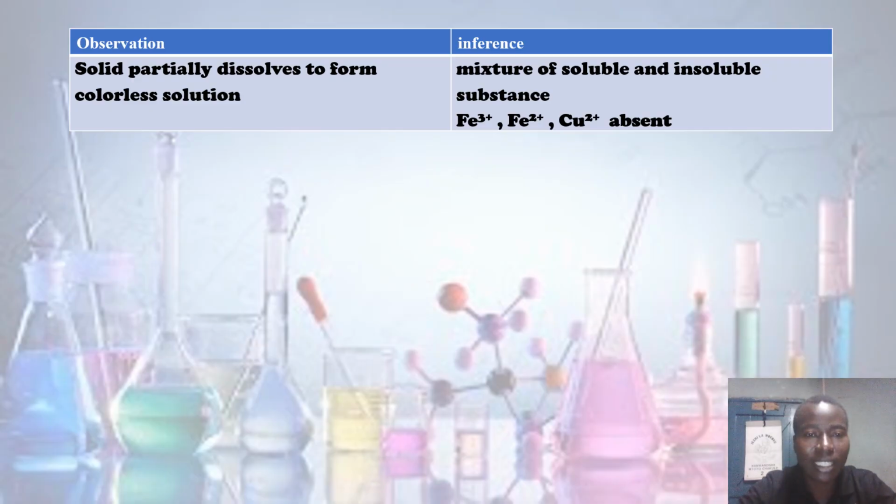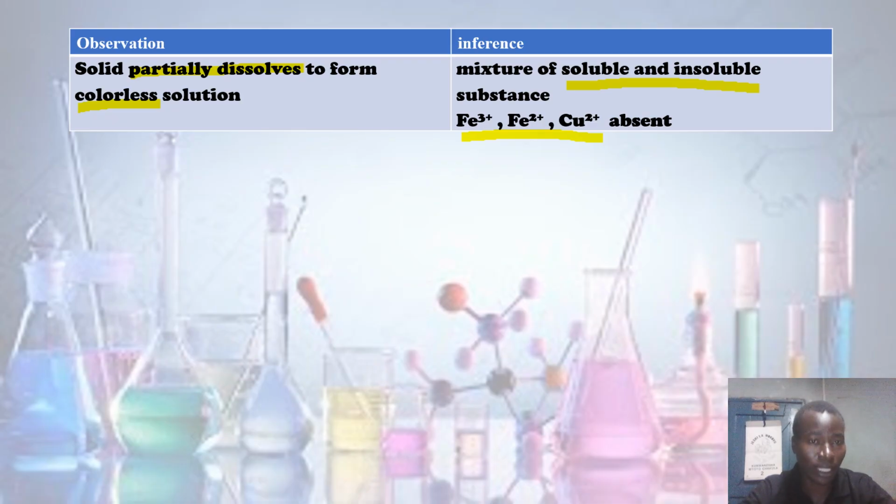Now, since you have said that the solid partially dissolves, it implies that the solid you have been given is composed of a soluble and an insoluble salt. And since the solution is colorless, it implies that the colored ions are absent. That's why I have talked about iron 3 ions, iron 2 ions, and copper ions being absent.